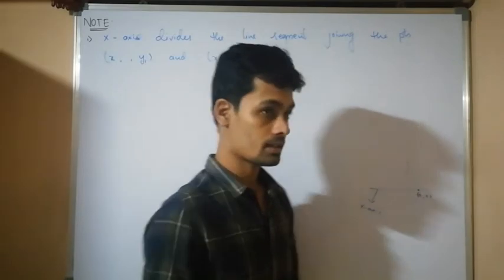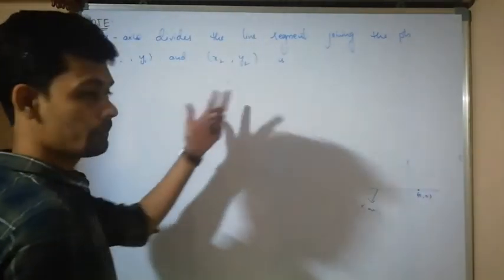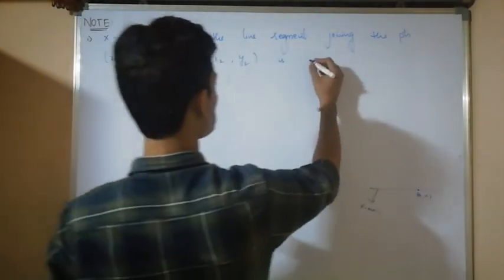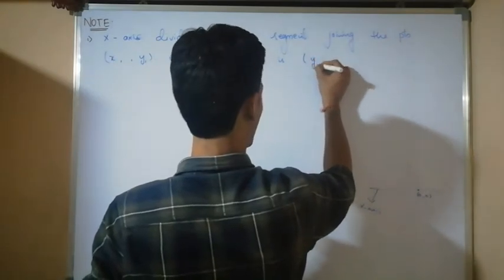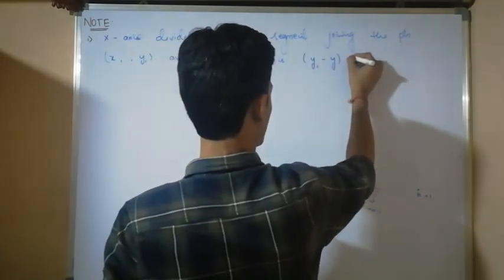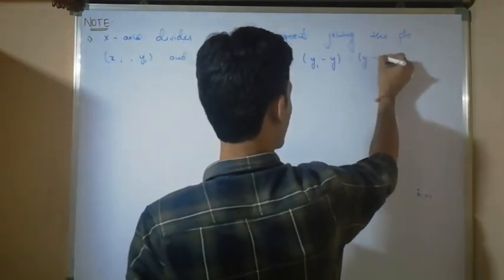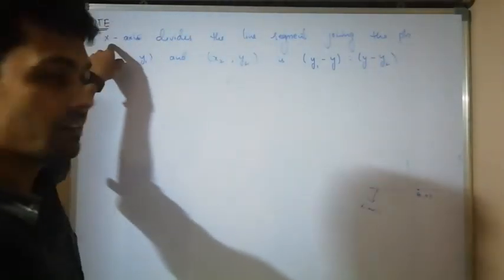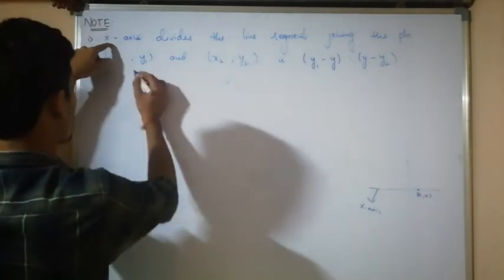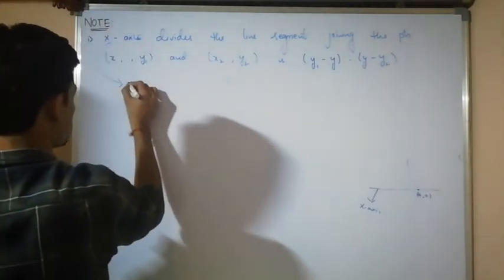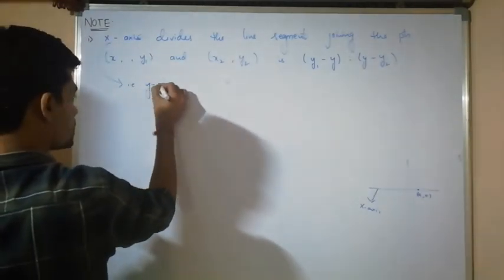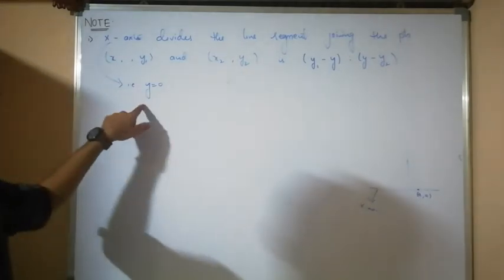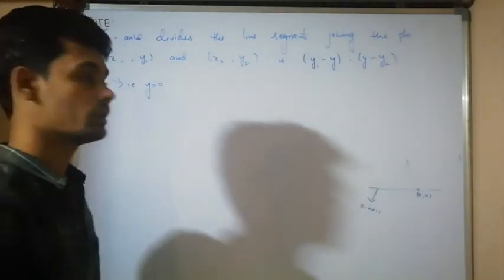So I am going to use the formula y1 minus y is to y minus y2. Since here it is given x-axis, what does the x-axis mean? That is y is equal to 0. I am just substituting this y is equal to 0 here.